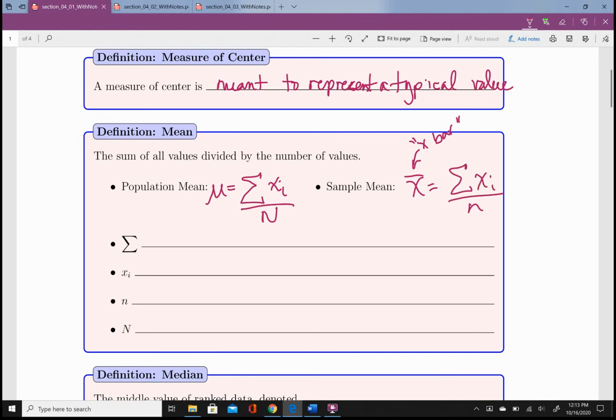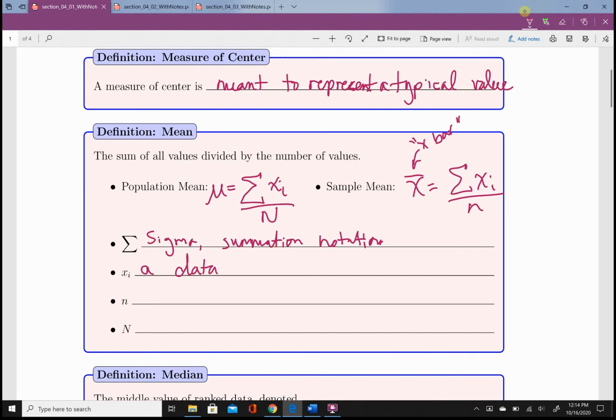Okay, so defining some of these elements here, we've already defined to a certain extent the summation. This is a sigma, and it's summation notation. X sub i is a data point.